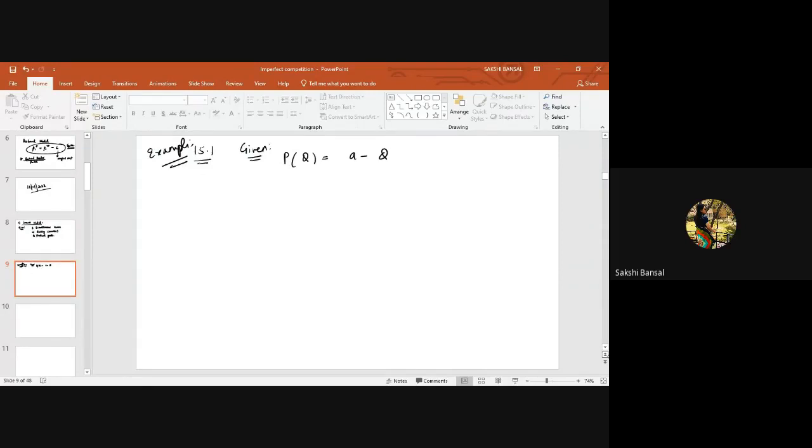A is a constant, 15, 20, any number, and Q is my quantity. We have a negative relationship between price and quantity. That means this curve denotes my demand curve. And the second thing which is given is my marginal cost. Marginal cost is small c, which is a constant.